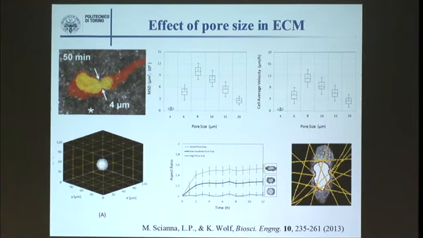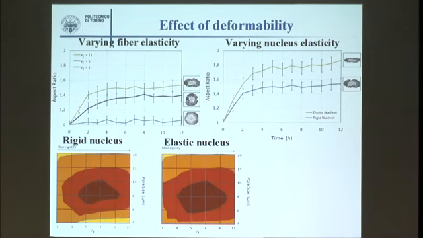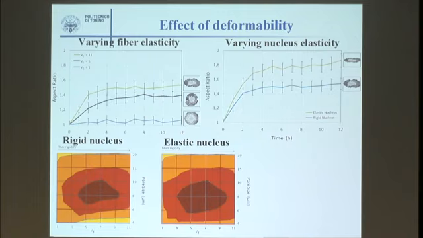This is the general outcome of this study, and then the speed decreases because the cell doesn't find enough ropes to pull and make enough adhesions to move along. With this we can also change two important features, the elasticity of the fibers and, of course, the nuclear elasticity. This is the aspect ratio when the nucleus is rigid, and when it is more elastic.